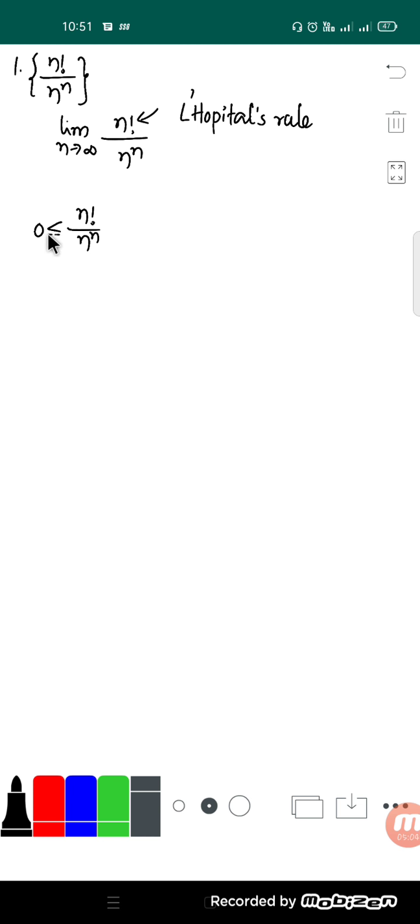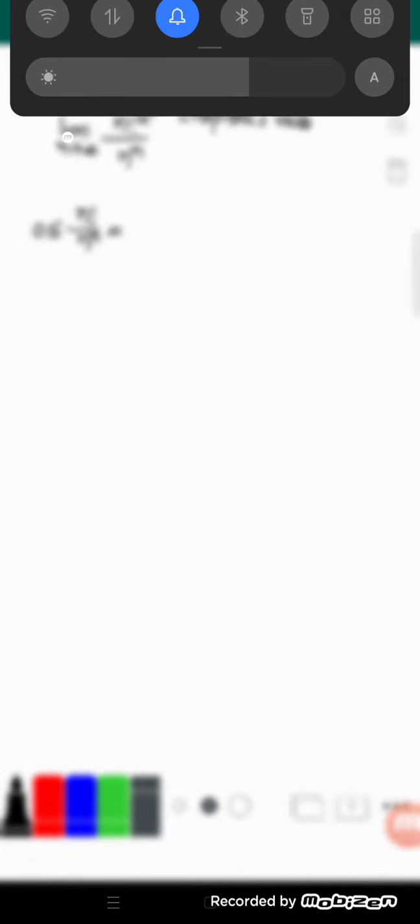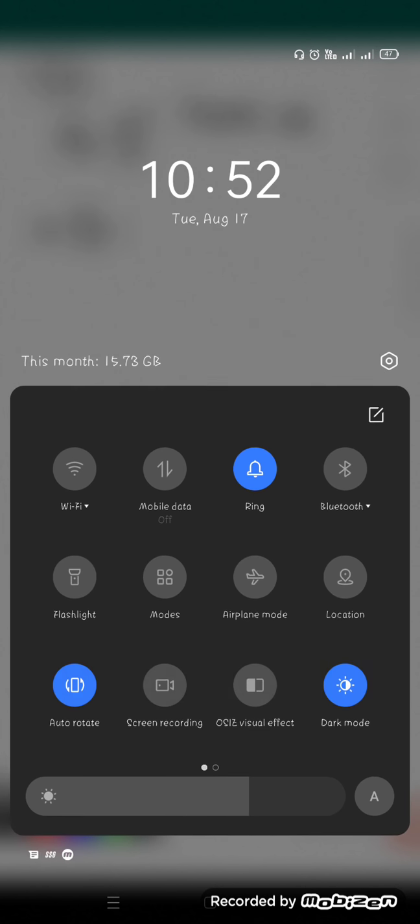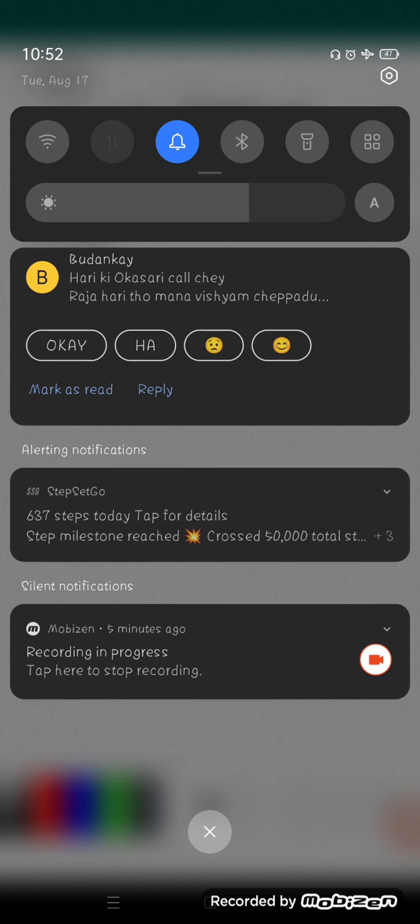You can put this equality sign, but this is never going to be 0 though.